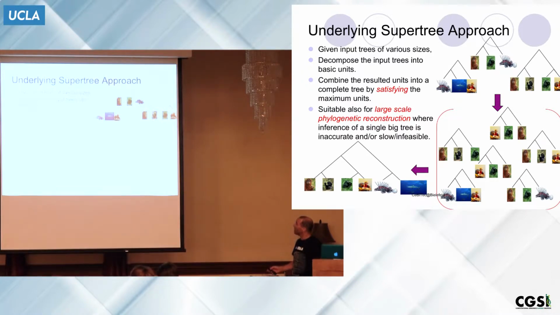So what we do is decompose the input trees into the basic units, like here. These are already in their basic units, rooted triplets, but we decompose this into, I think, these four triplets.